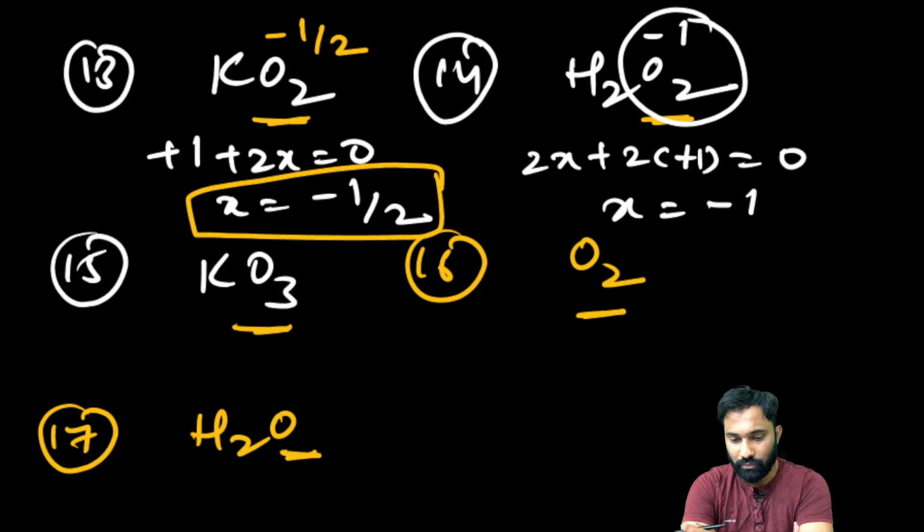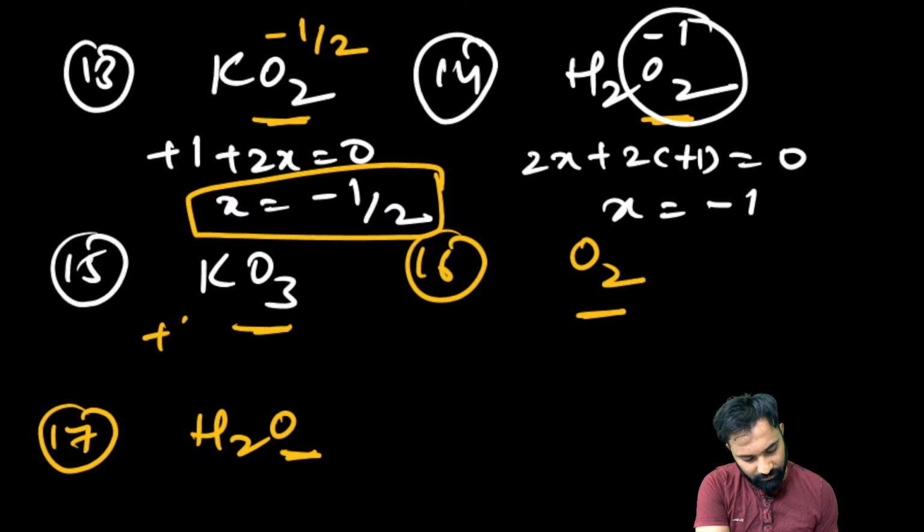Right. 15, it is an ozonide. 15, it is a minus 1 by 3. It is plus 1 plus 3x is equal to 0. If you send it to the left hand side, x is equal to minus 1 by 3.